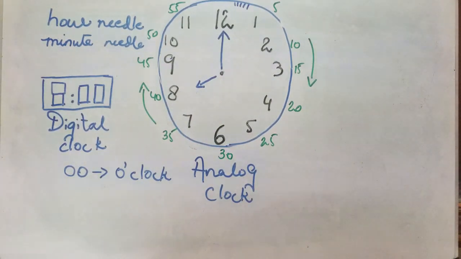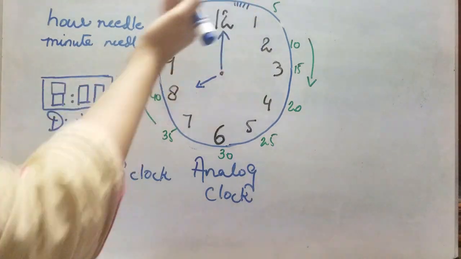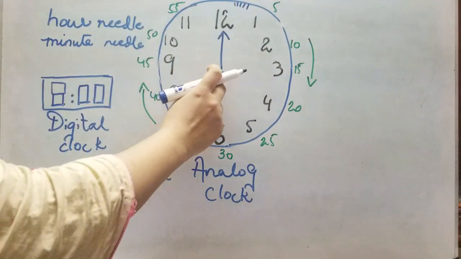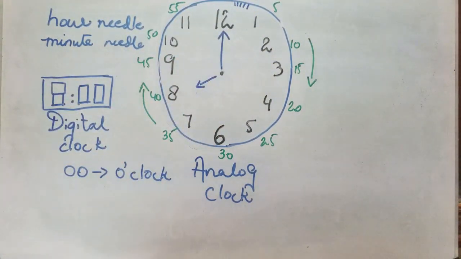Now see, if the time turns 1 minute past o'clock and the hour needle is on 8, we will say that as 8:01. Okay, I hope you understand.